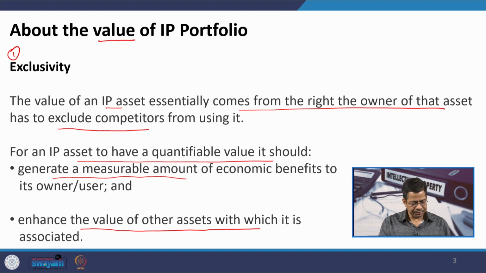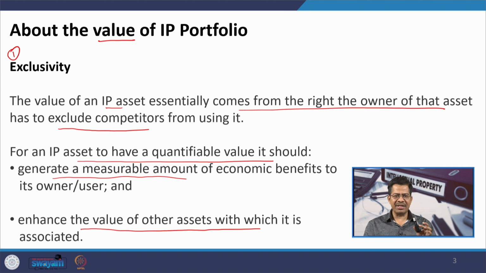For example, you have a patent. Because of that patent, you are going to make a product, and when you make a product, you will get some kind of economic benefit, some revenue and profit. That is a direct thing. But sometimes it is possible you have a product with you, you have this pointer with you.